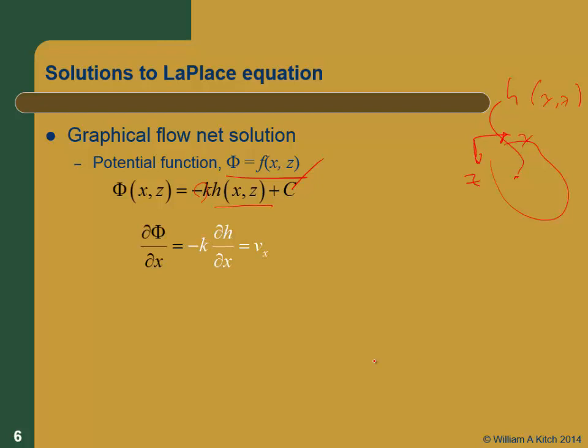So if I differentiate phi with respect to x, I am going to get minus k times dh dx, and that's just equal to the velocity vx. So that's handy. If I differentiate the phi function with respect to z, I'll get minus k times dh dz, which is equal to vz.